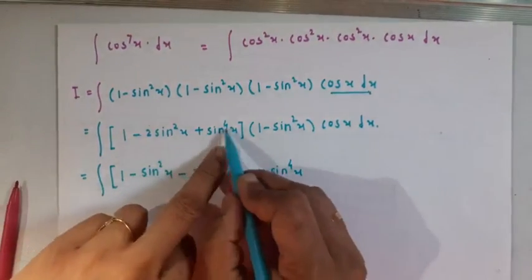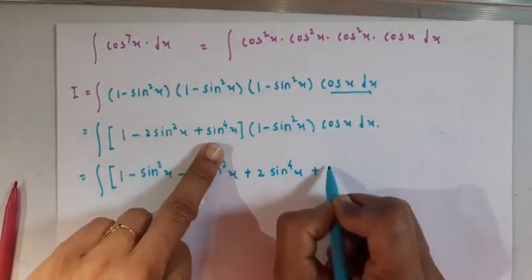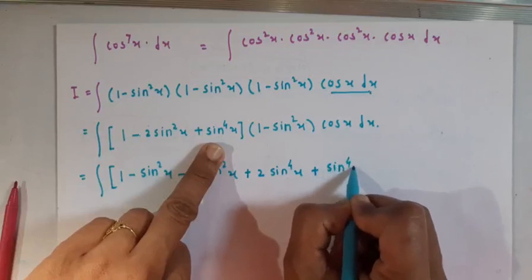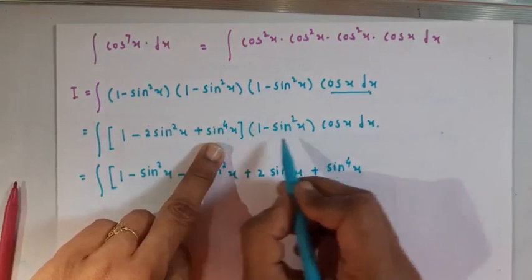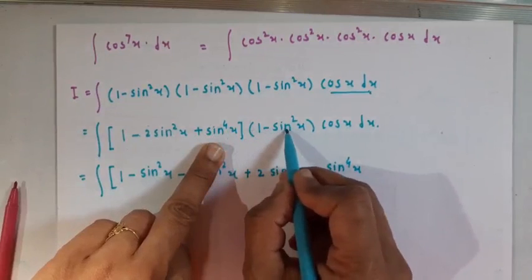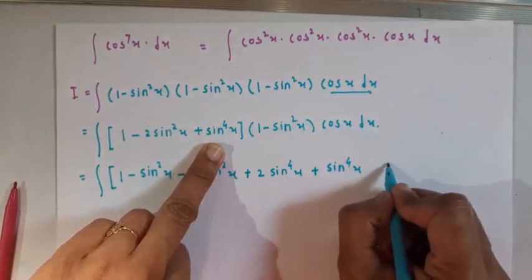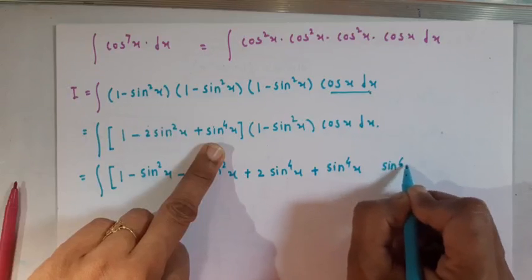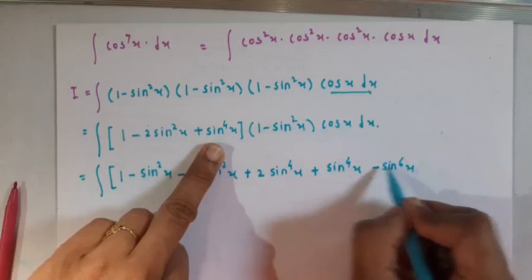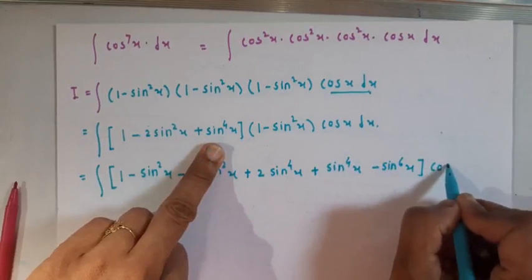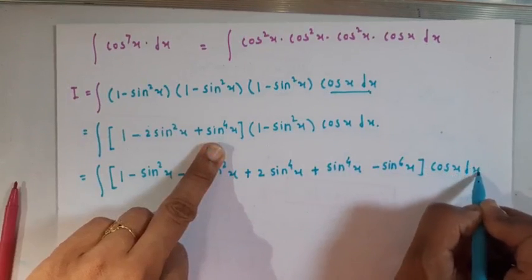Now multiply with sin raised to 4x: that is plus sin raised to 4x, sin raised to 4x into sin raised to 2 is sin raised to 6x, and plus minus minus into cos x dx.